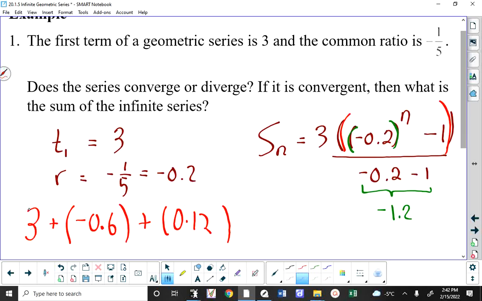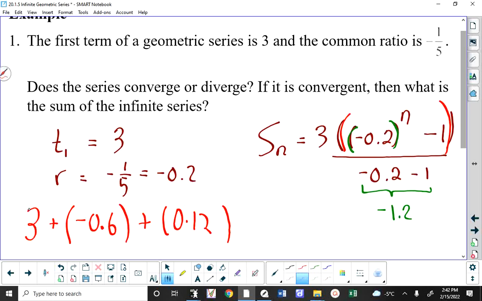We're not finding any sums yet. I'm just finding the terms. In other words, is 3 times negative 0.2 negative 0.6? You said the answer is yes. Is negative 0.6 times negative 0.2 positive 0.12? We talked about this, that the sum is going to go up and down because the common ratio is negative. When we add a negative term, that's going to drop the sum, and then we add a positive term, and it's going to increase the sum.